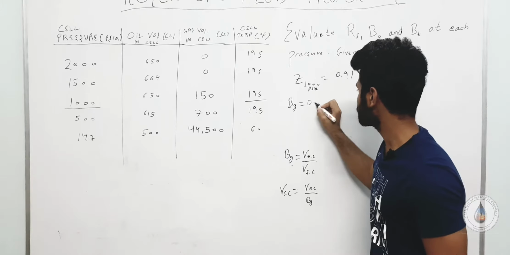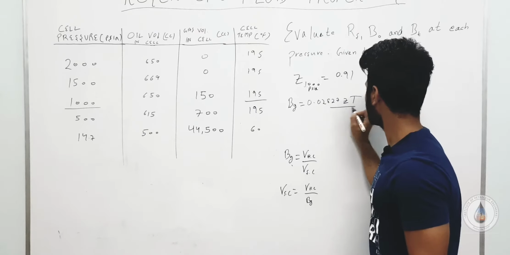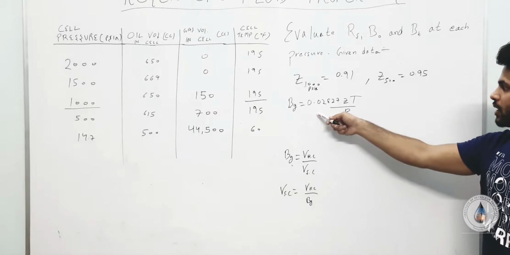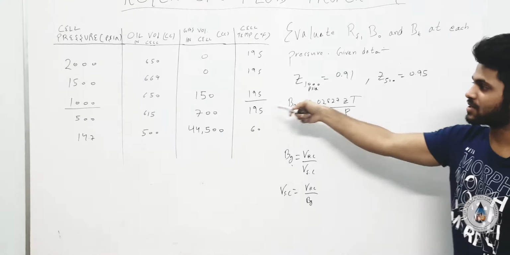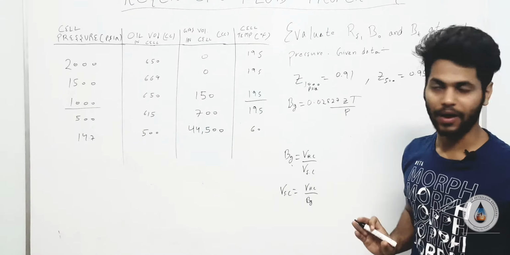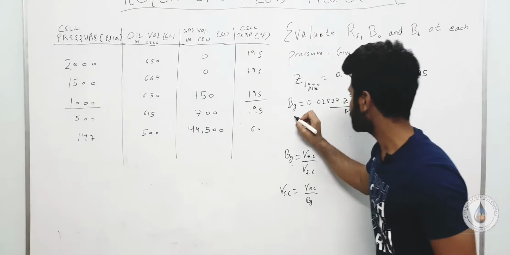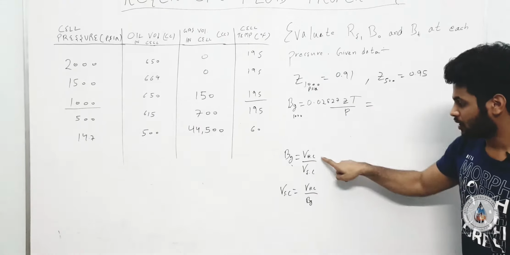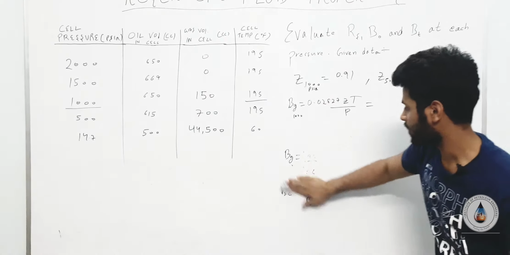Bg was basically 0.02827 ZT upon P. In this particular case, Z has been given for the particular values, temperature is provided, and my pressure is provided. So if I have to calculate Bg for, let's say, 1000 psia, I hope you have jotted down this concept, so I'll erase.